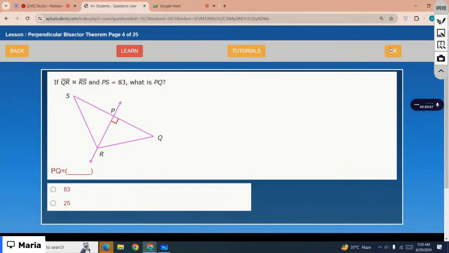If QR is congruent to RS and PS equals 83, what is PQ? Which is the correct option?